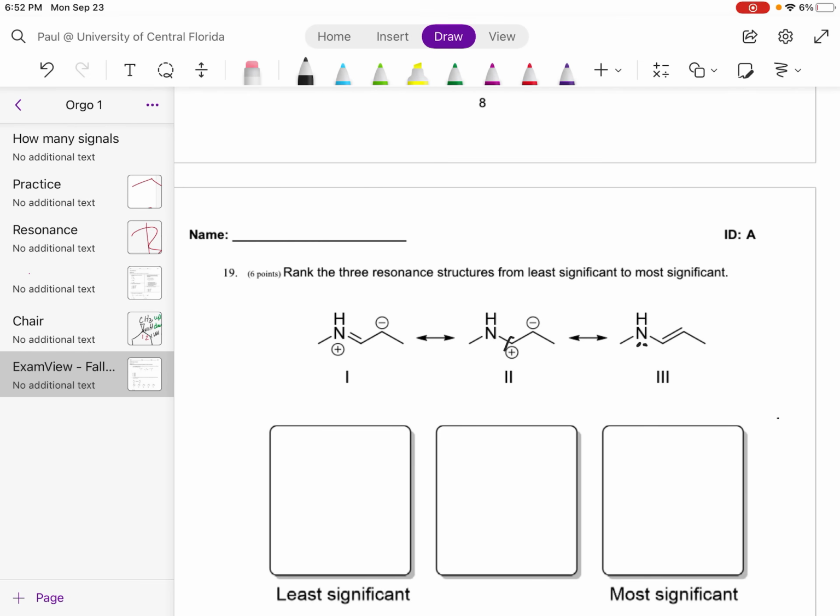In molecule 2, that carbon right there has a plus charge, so it does not have an octet. That negative does have an octet. And this plus charge on that nitrogen, there's still 8 electrons around it, so that has an octet. So molecule 1 has all octets. Every atom has an octet.